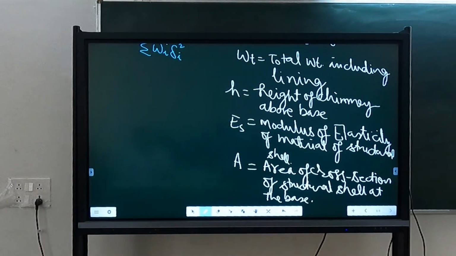So mass will be considered of both the shells, but area and E will be considered only of the structural shell. And g, of course, is the acceleration due to gravity.